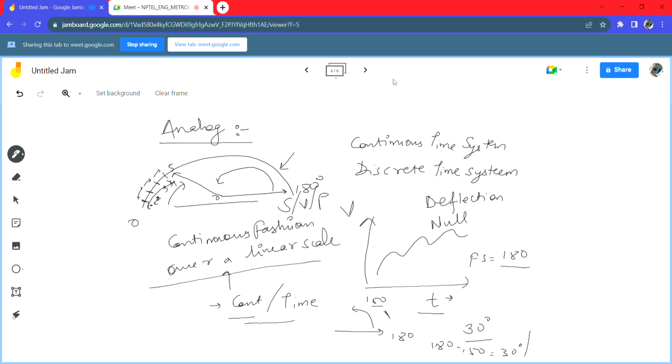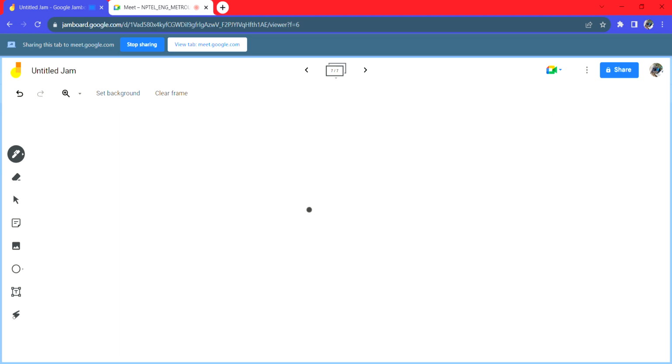Now let us move and see what exactly are the digital instruments. The digital instruments, to be understood in a very basic or very common fashion, give us values in the form of a number that is represented in the number scale that we read.